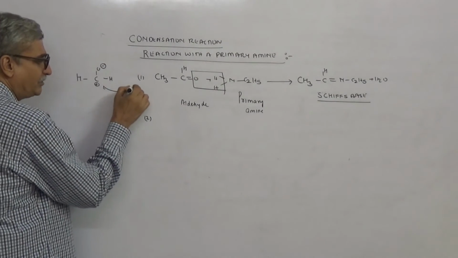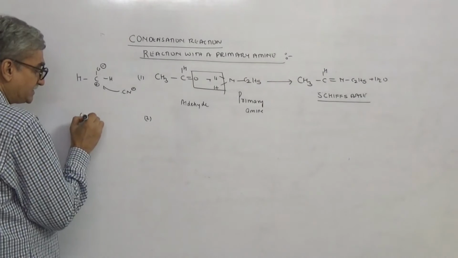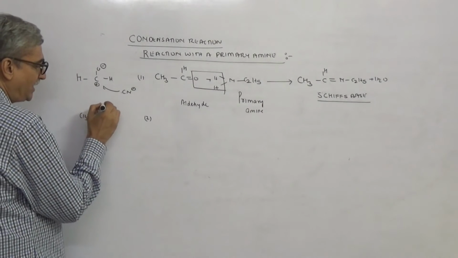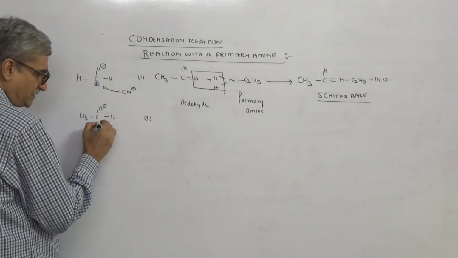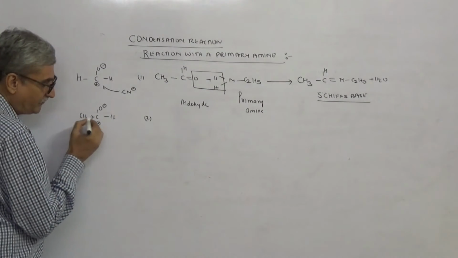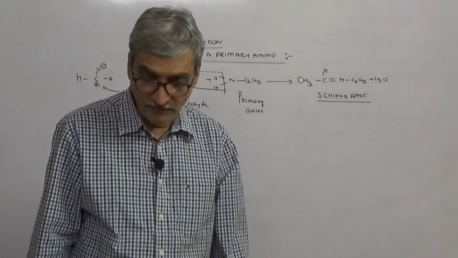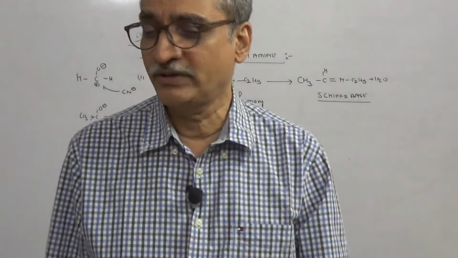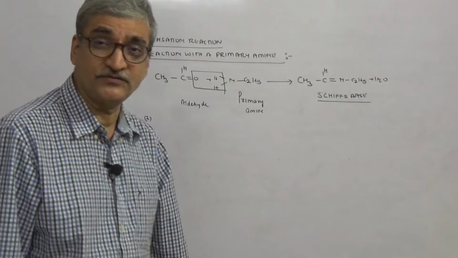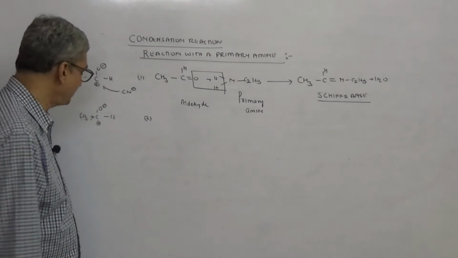Let us take an example, nucleophilic addition. If you take acetaldehyde, CH3CHO, the methyl group, because of its inductive effect, brings down the positive charge. Formaldehyde does not have any alkyl group to give an inductive effect, so formaldehyde is more receptive to the nucleophile, so it's more reactive.